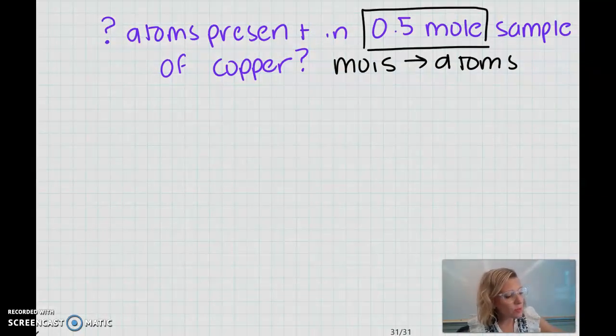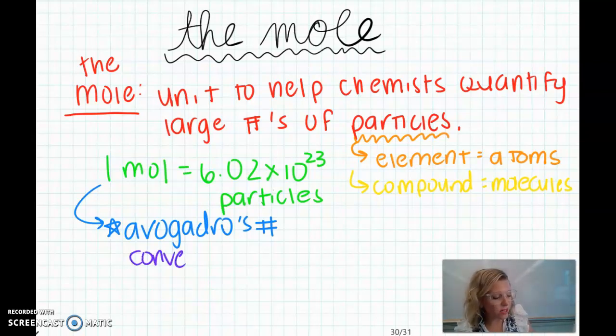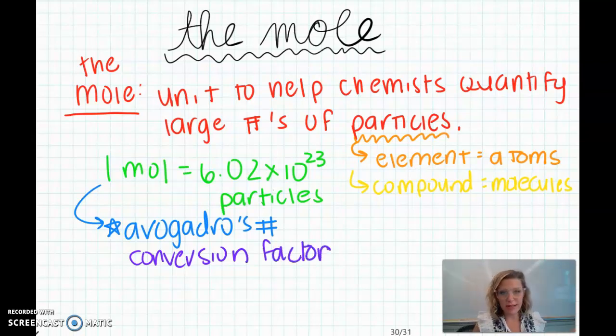So if we think back to what we just learned about Avogadro's number, this now becomes our conversion factor, because for every 1 mole, we have 6.02 times 10 to the 23rd particles. Now again, in the problem, it depends on if we're talking about atoms, molecules, elements, compounds.